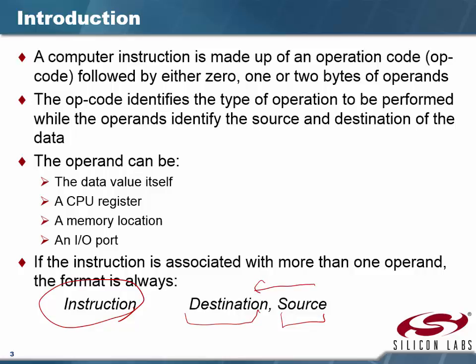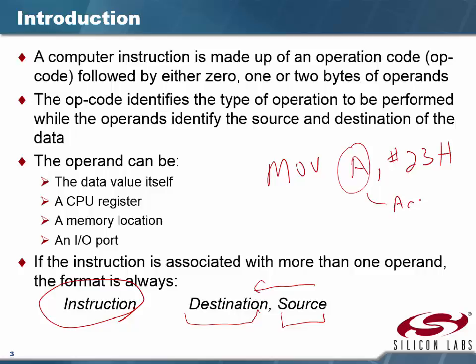Now, a typical one, and I'm sure there's an example on this going here, is we did a move to A, number 23 hex. What that means is in our microprocessor, we have a register.